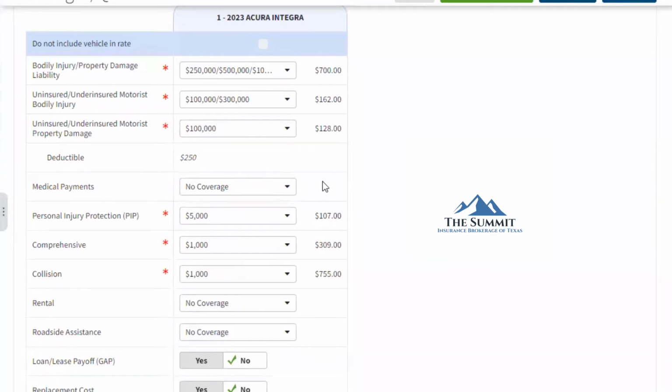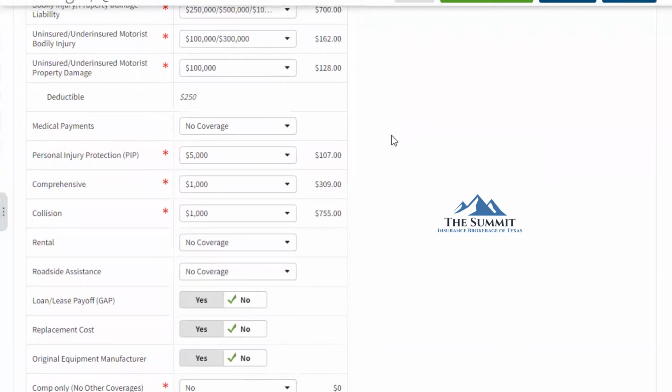Typically, you can do only one or the other, and most carriers will only allow one or the other. I've seen policies where both of them are combined. Either that's carrier specific, or maybe the policy was initially written in another state. So again, these are things to review with the insurance agent, the carrier that you're working with.